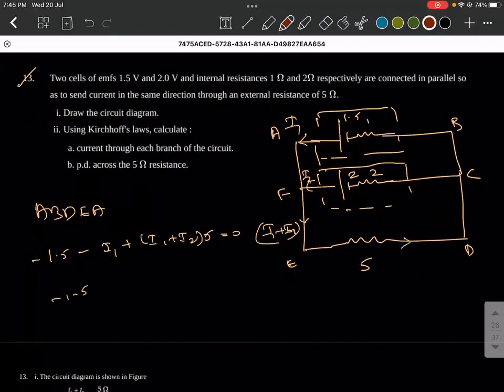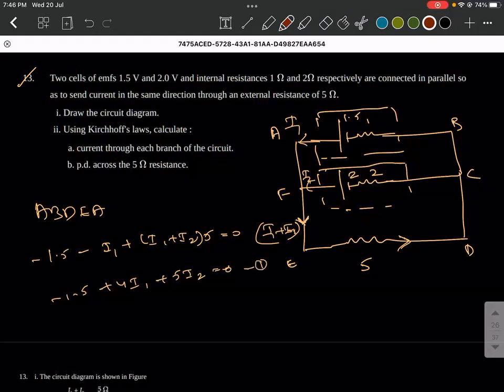Current is flowing in this direction. When you're walking in the direction opposite to current, it is increasing. When you're going from D to E, you're walking in the direction opposite to current. Minus 1.5 plus 4I1 plus 5I2 is equal to 0.